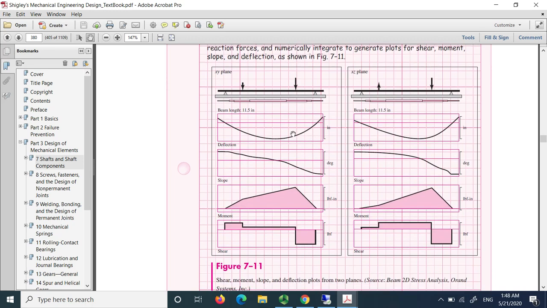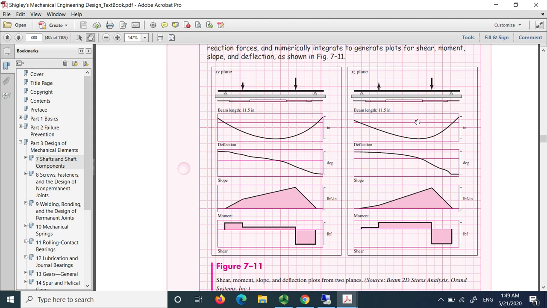If you remember, I said that we have moments acting on two planes, the xy plane and the xz plane. So on the xy plane, you're gonna have a moment diagram and shear force diagram, which I reviewed for you before. And then on that plane I'm gonna have a deflection in inches and a slope in degrees.